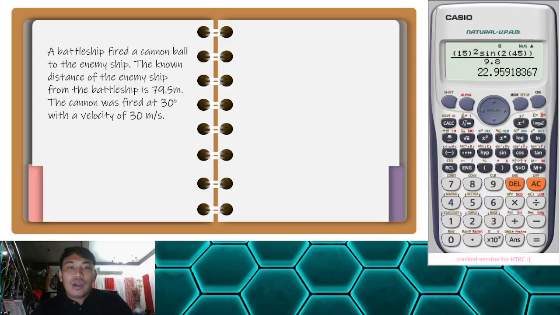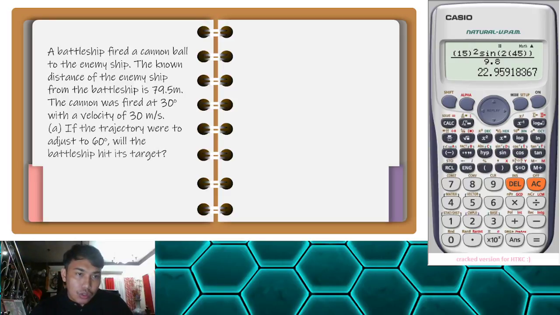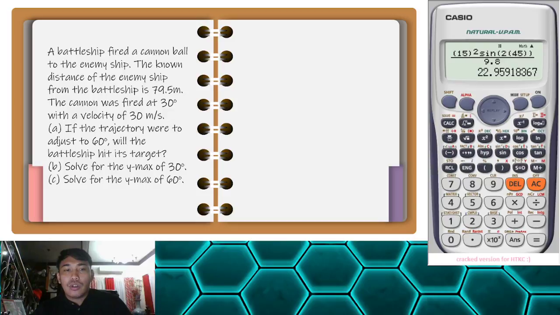The cannon was fired at 30 degrees with a velocity of 30 meters per second. A: if the trajectory were adjusted to 60 degrees, will the battleship hit its target? And B: solve for the Ymax of 30 degrees and the Ymax of 60 degrees.